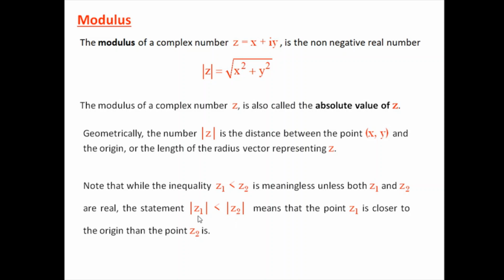So modulus of z1 less than modulus of z2 means the distance of z1 from the origin is less than the distance of z2 from the origin. That means z1 is closer to the origin than the point z2.